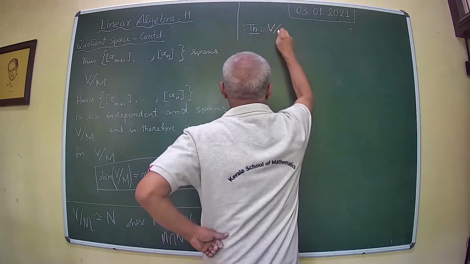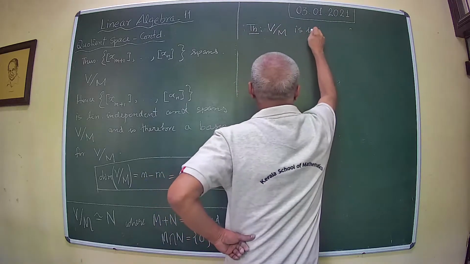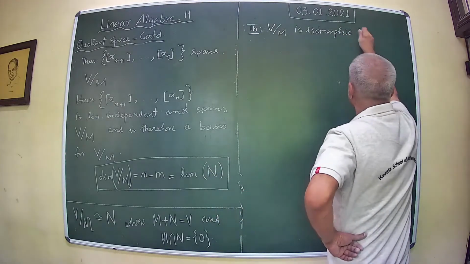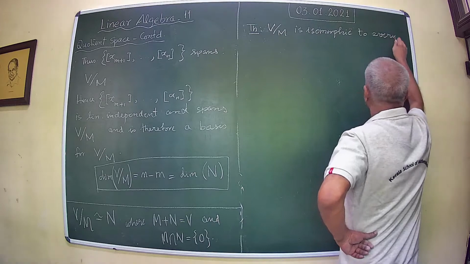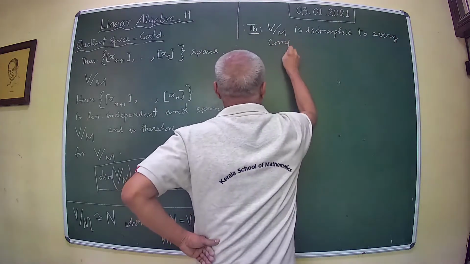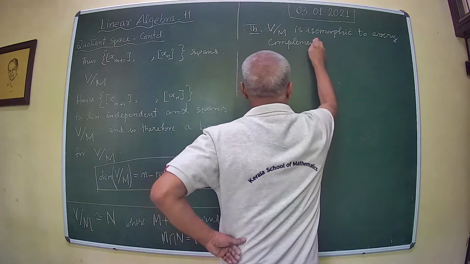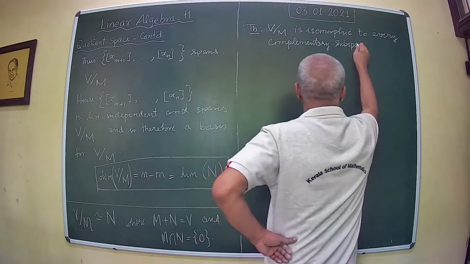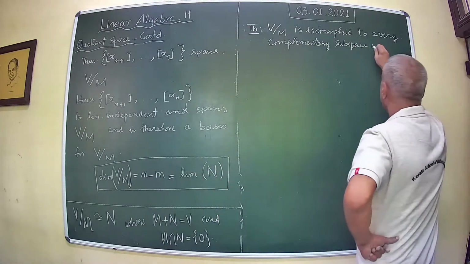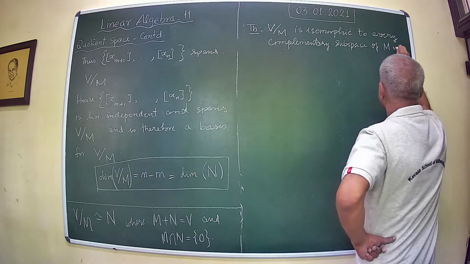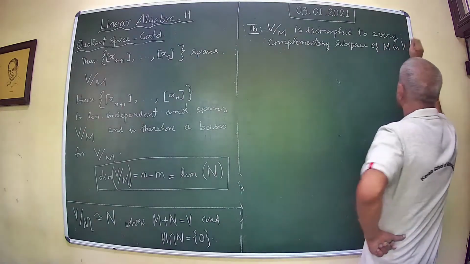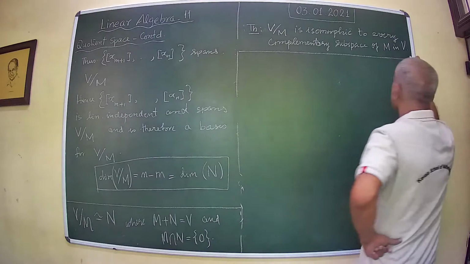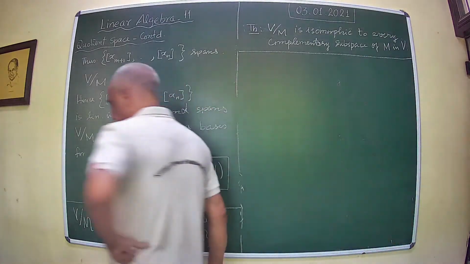V by M is isomorphic to every complementary subspace of M. So we shall do this.